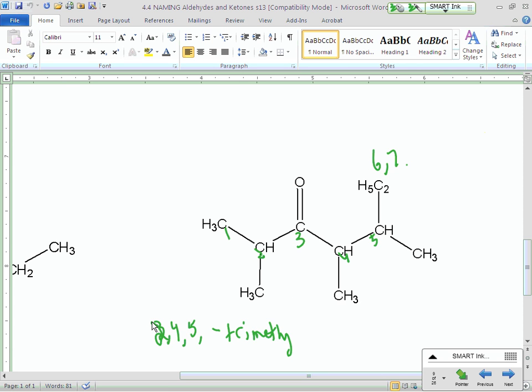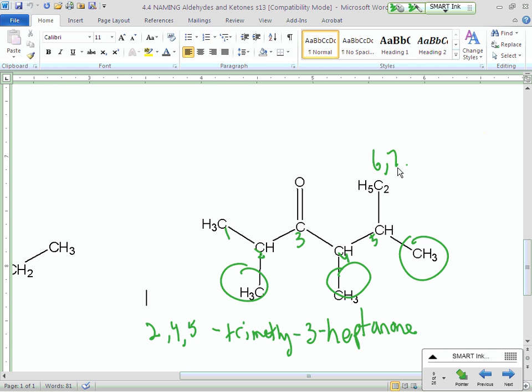That's okay. 2,4,5 trimethyl-3-heptanone. And I've got some mistakes in there that I'll clean up here. That comma doesn't need to be there. That is a 2. Excellent. 2, 4, 5. My chain heads up that way. Nice job.